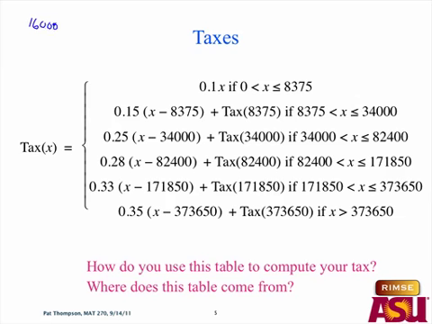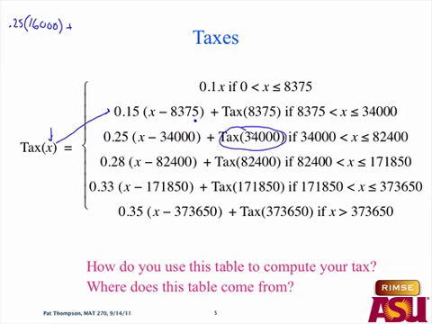Okay, it's taxed at 25%. But then we have to add all the tax we made in the previous brackets. The tax on 34,000, which is, what do we do with that? So tax of 34,000 means take 34,000 and put it in there. And where does that send us? Second line.